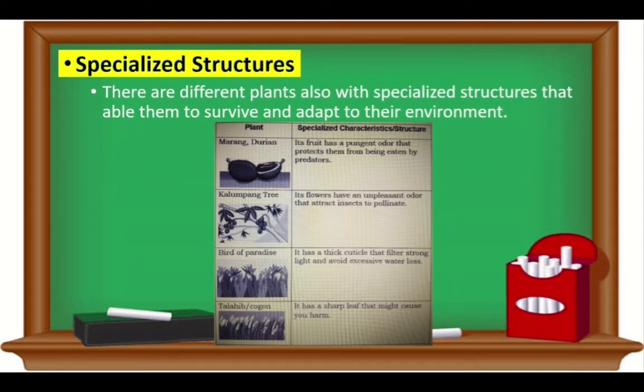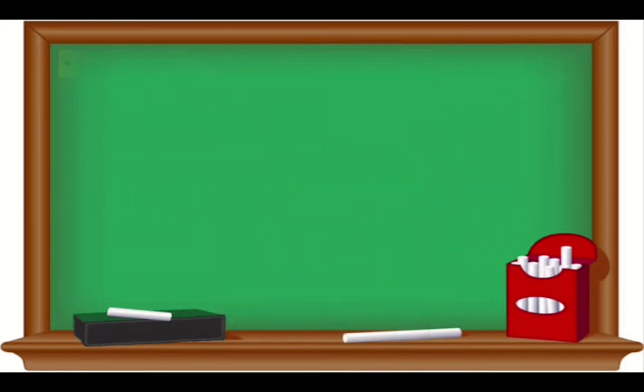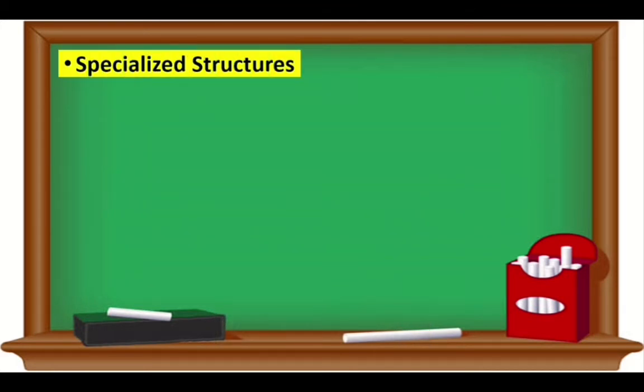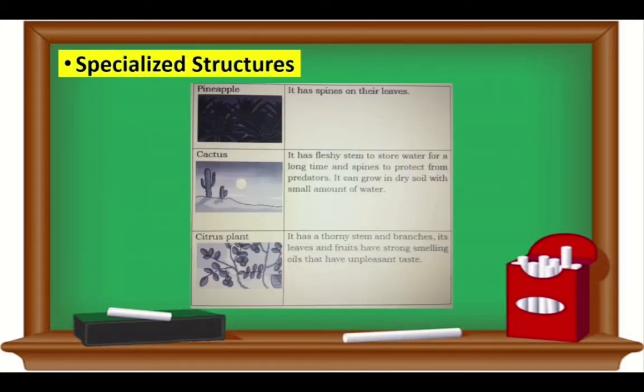Next, we have talahib or kugon. It has a sharp leaf that might cause you harm. We have also pineapple. It has spines on its leaves. Cactus has a fleshy stem to store water for a long time and spines to protect from predators.